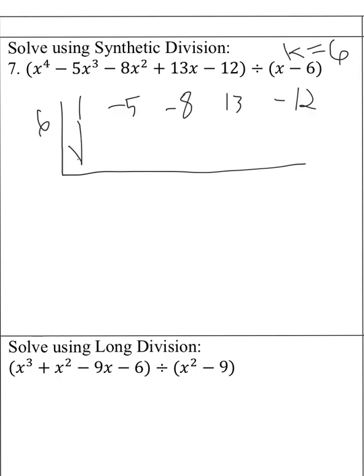So the first number always gets carried down, and so you have 1, and then you're going to multiply times that outside number.